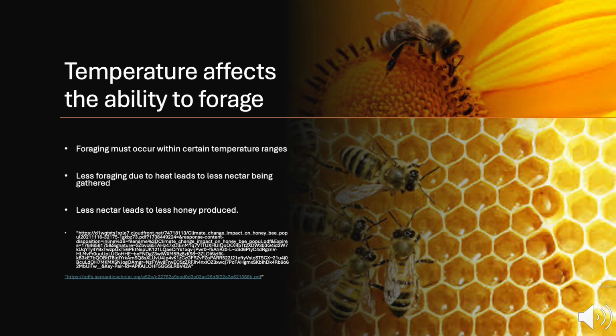These two studies highlight that foraging drops significantly when temperatures rise past the high 30s in Celsius. When temperatures become too high, bees shift from foraging to cooling behavior, such as fanning or collecting water. Less foraging means less nectar collected, which directly results in less honey produced.